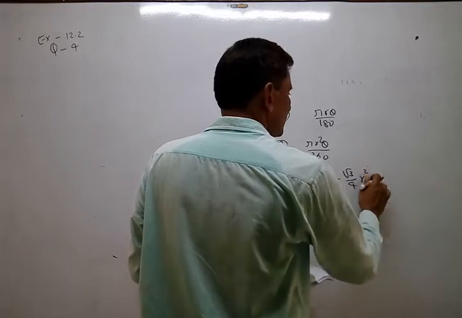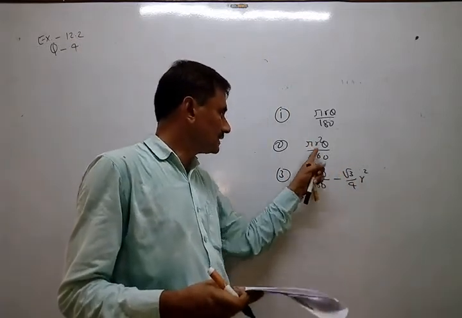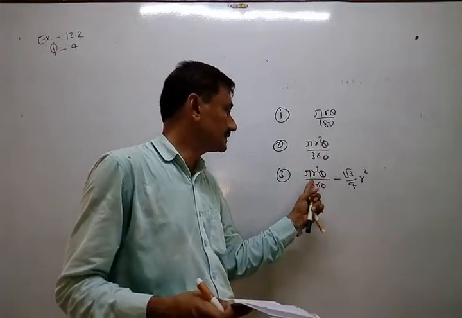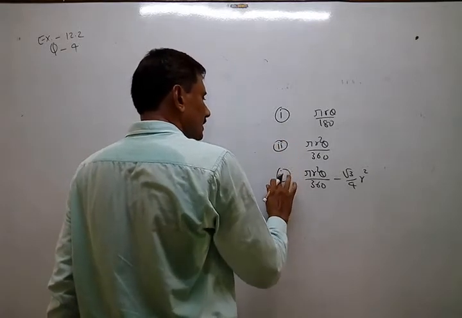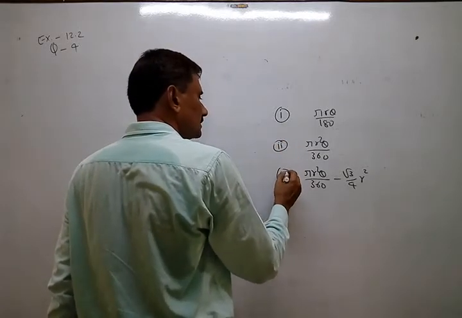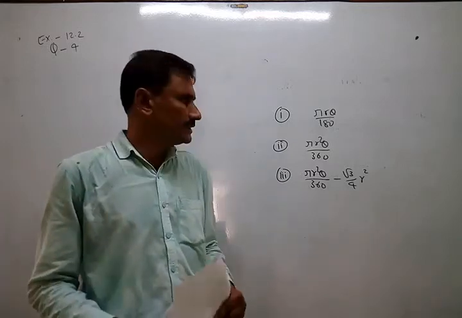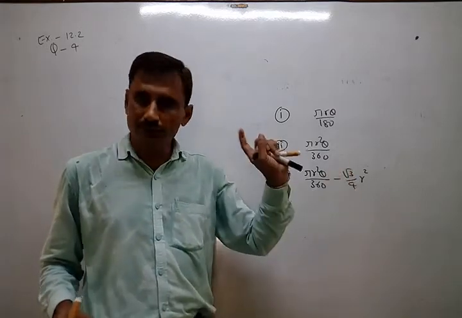Why? Theta is given as 60 here. That's why. And if you don't want to count this one again, you can use the value directly from the second answer. So these are questions 1, 2, 3. Now nothing is difficult, just use the formula, place values and find the answer. Don't place root 3's value, root 3 remains root 3 only.